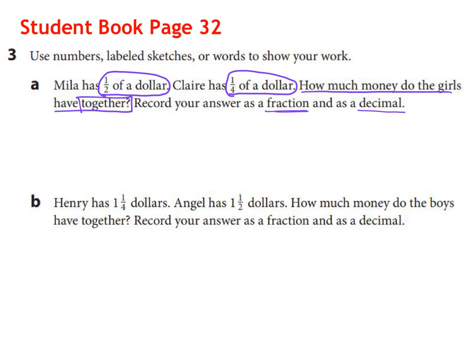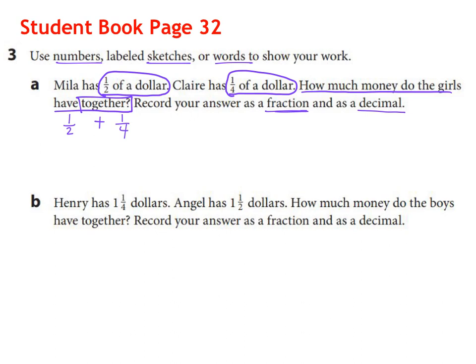When we're trying to find out how much something has together, are we going to add, subtract, multiply, or divide? We are going to add. So it's your job to either use numbers or draw pictures or write it in words to show how you solved what 1/2 of a dollar plus 1/4 of a dollar is.